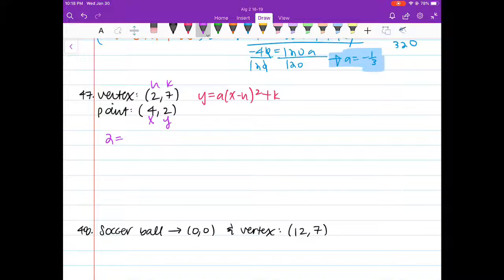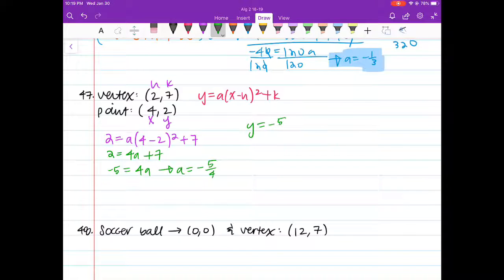So we have 2 equals a times x minus h squared plus k. Then we start to simplify, so 4 minus 2 is 2, 2 squared is 4. So 2 equals 4a plus 7. Subtract 7 from both sides, negative 5 equals 4a, which means a must be negative 5/4. So as we plug that back in, we have y equals negative 5/4 times x minus 2 squared plus 7.